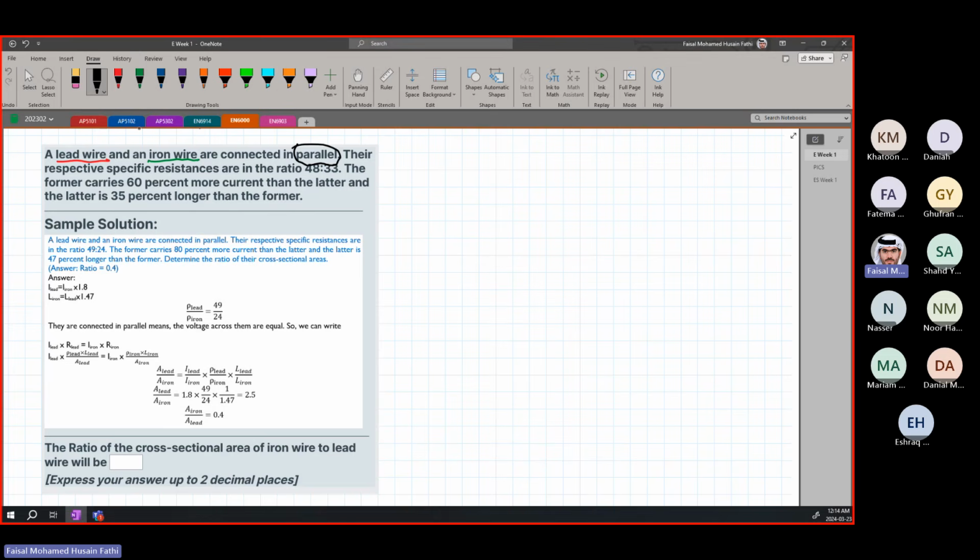What does this mean? Ratio. Ratio means division, basically. So if you have 48, 33, this is the same as saying 48 divided by 33. But what is it saying? It says respective.